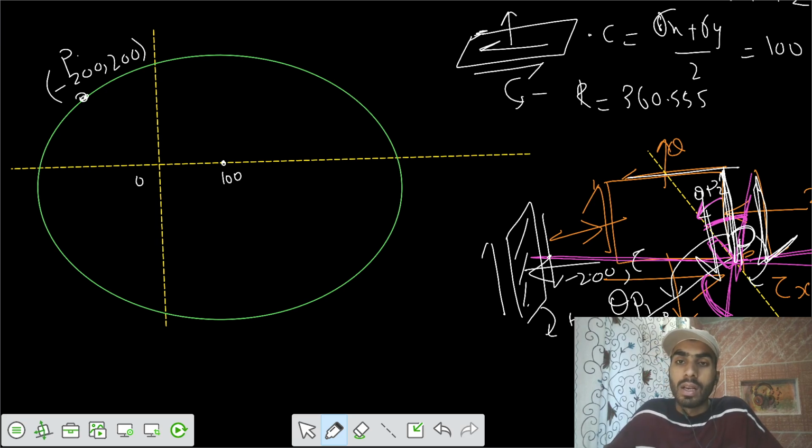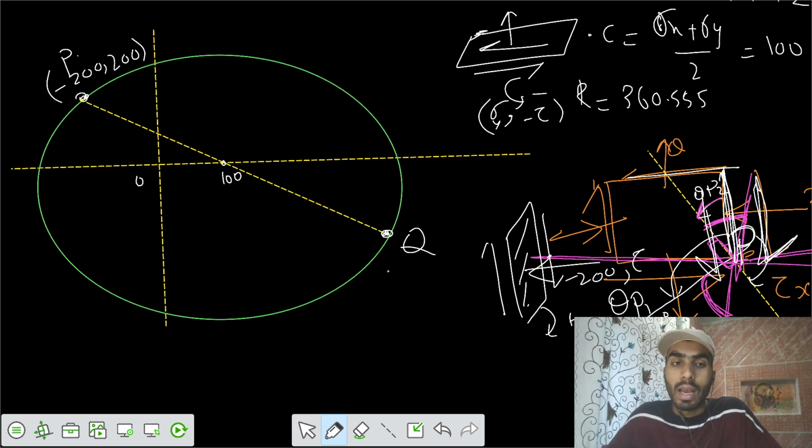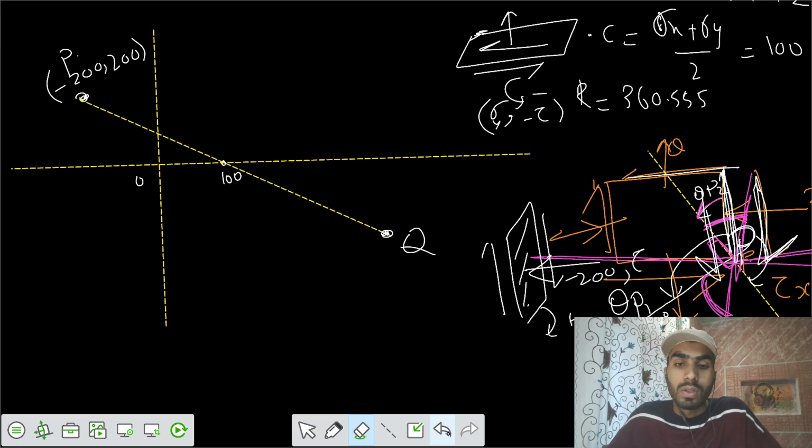We can write positive sigma y, minus tau. Somewhere it would be at an angle of 180 with respect to the plane P. So this is the point, plane Q. We can write directly the values here, sigma y comma.